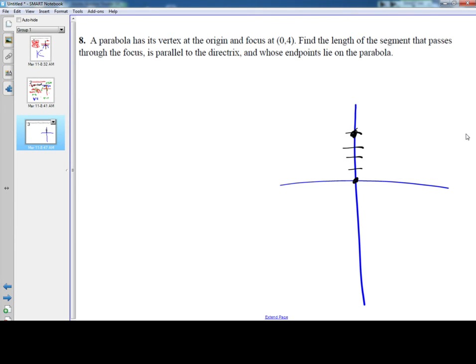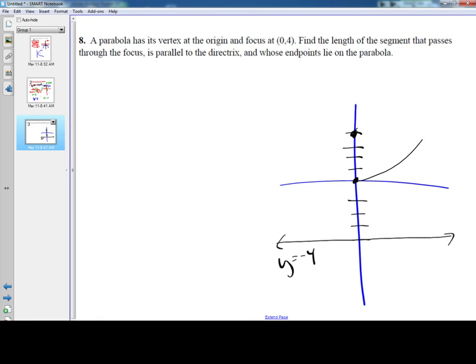Find the length of the segment that passes through the focus and is parallel to the directrix. Well, the directrix has to be 1, 2, 3, 4 down. So here's my directrix, correct? At y equals -4. It says find the length of the segment that passes through the focus, so it has to pass through here. It's parallel to the directrix, whose endpoints lie on the parabola.